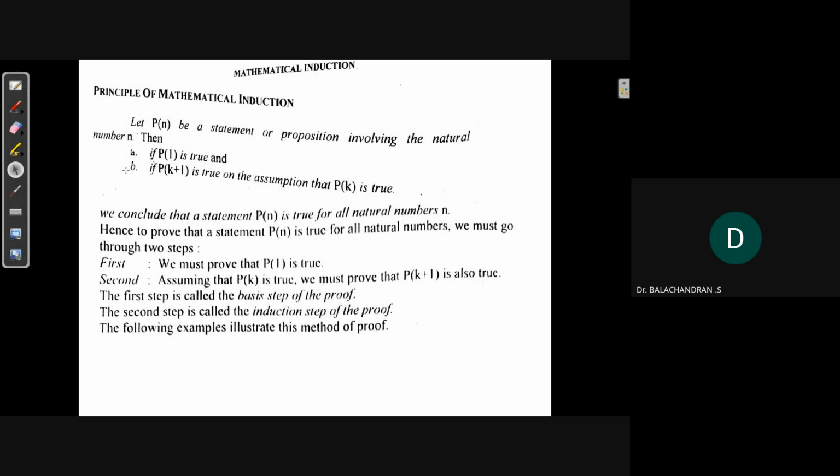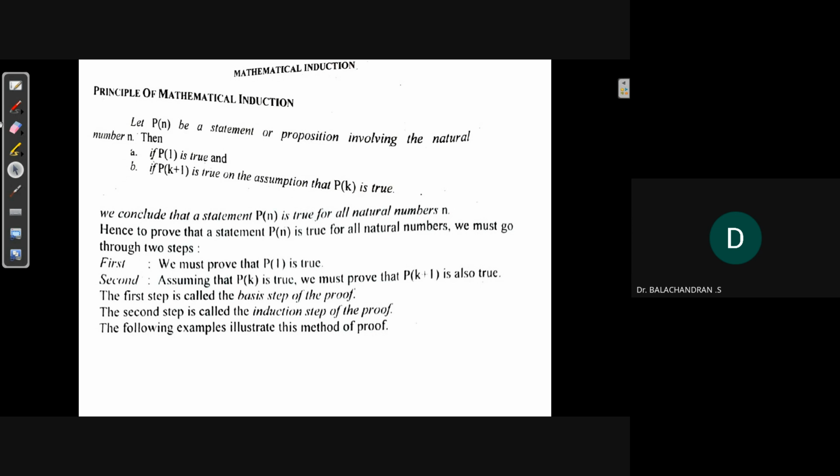Let P of n be a statement or proposition involving the natural number n. Then, if P of 1 is true, and if P of k plus 1 is true on the assumption that P of k is true.